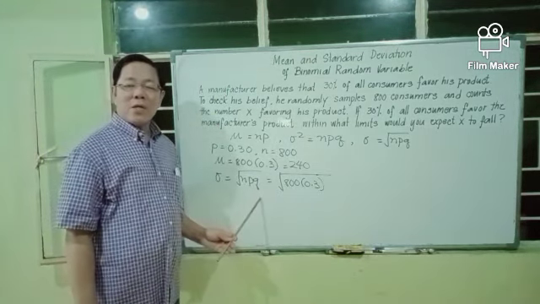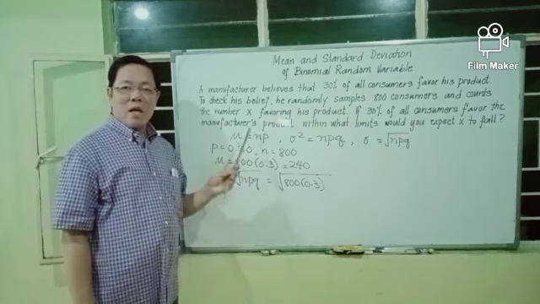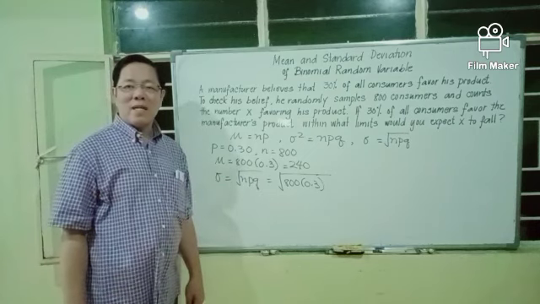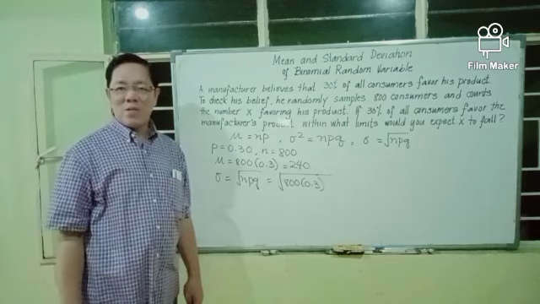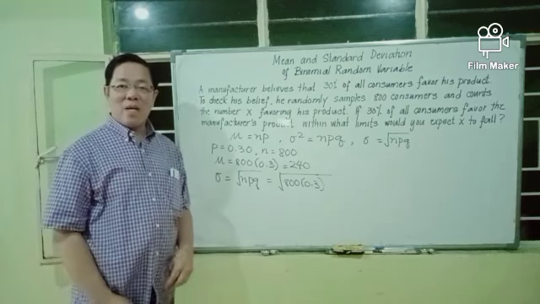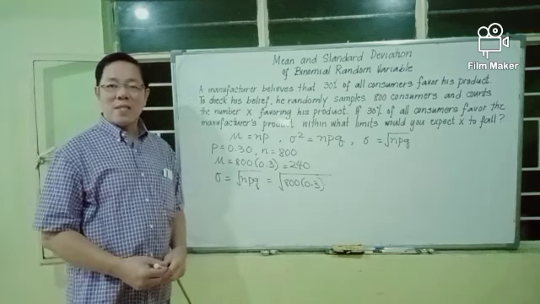As I said earlier, q is the probability of failure. In this example, q is the probability that a consumer does not favor the manufacturer's product. And it is the complement of p, the probability of success.